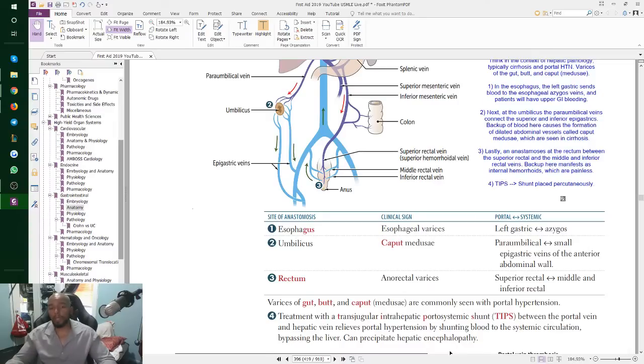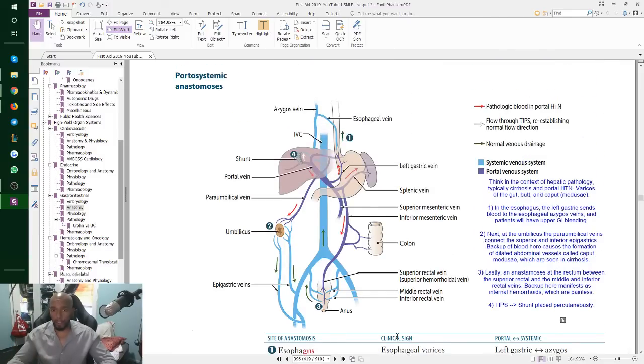The only thing that can possibly happen in a patient who just got a TIPS is hepatic encephalopathy, right? And we've discussed hepatic encephalopathy in pretty good depth when we were in our biochemistry section, and then we're going to see it again later on under neurology as well, right? So hepatic encephalopathy with the asterixis and all the ammonium and all that stuff. Really important to go back and check that if you've forgotten about it.